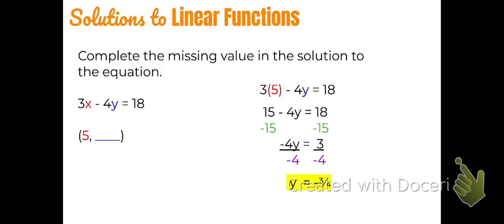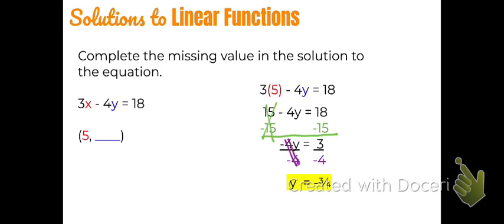When you substitute that in, you get 3 times 5 instead of x, minus 4y equals 18. And 3 times 5 is 15, minus 4y equals 18. Then you subtract the 15 from both sides. And then you undo that multiplying by -4 by dividing by -4.